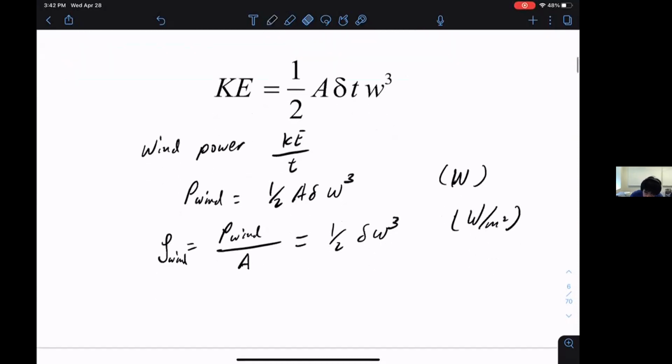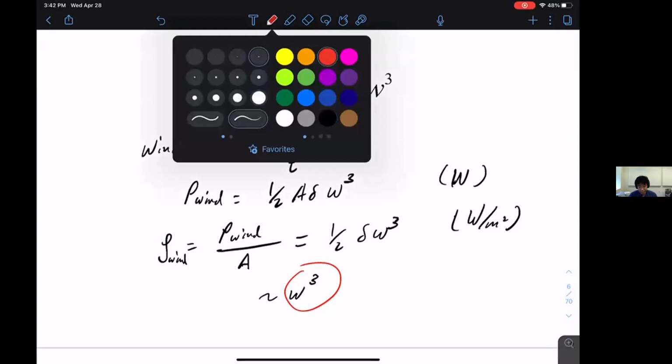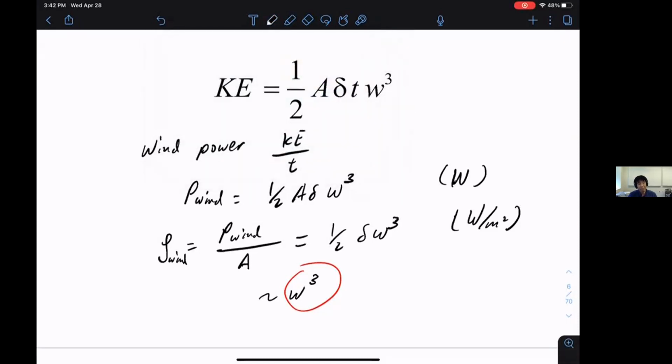So this is our equation. The important thing to note is everything is proportional to this thing cubed. This is the important relation to know. The power basically depends on the cube of the speed. So this scaling tells us the speed of wind is really, really important to how much power we can generate.